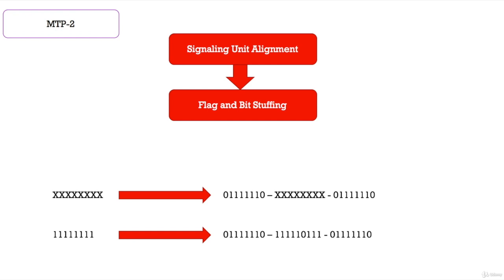In comparison with the OSI model, the MTP2 layer is totally in sync with layer 2 of the OSI model, which has the link layer functions. It is not concerned with routing, it is just concerned with the immediate endpoint.